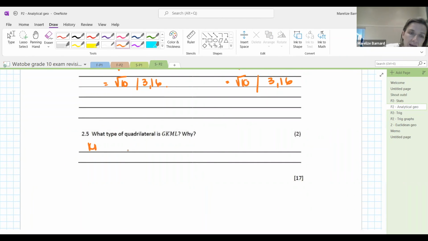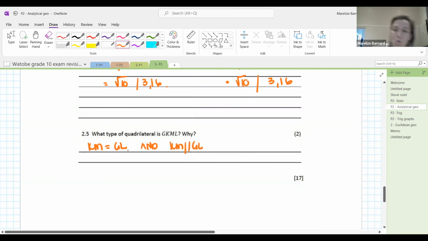Given that KM is equal to GL and it is parallel to GL. Which quadrilateral has that property? Come, last question for the evening. You don't even have to see it. You don't even have to draw it, but you can draw it if you want to, if it makes it easier.